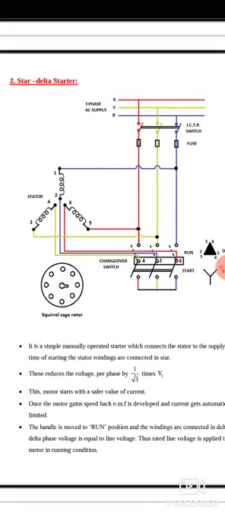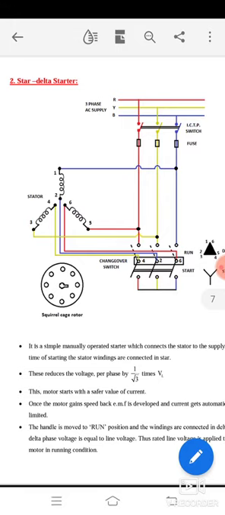The first terminal of the delta winding is connected to the second terminal of the second winding, and so on. So neutral is not possible in delta connection, where line voltage in delta connection is equals to the phase voltage, and line current is equals to root 3 times phase current.